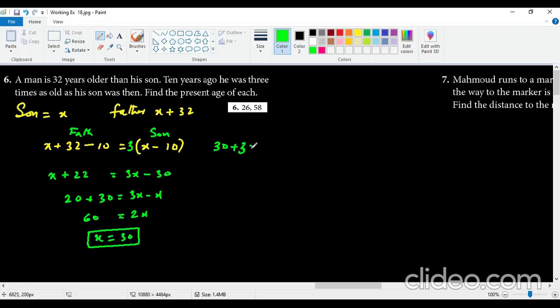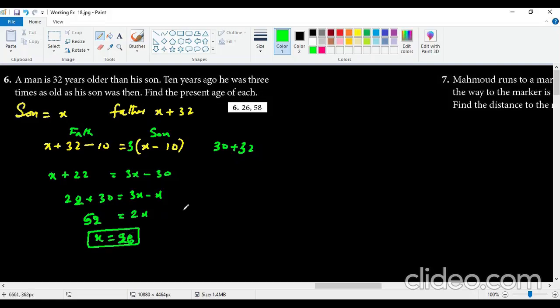It is 22 actually. So this is going to be 22 plus 32, which is going to give us 52, and this is going to be 26.